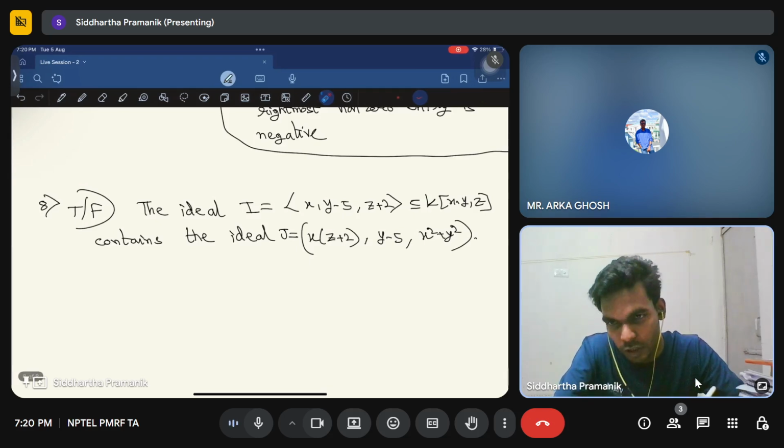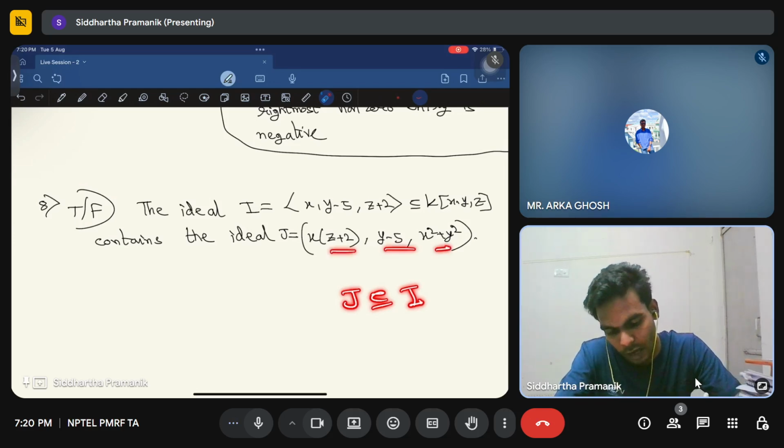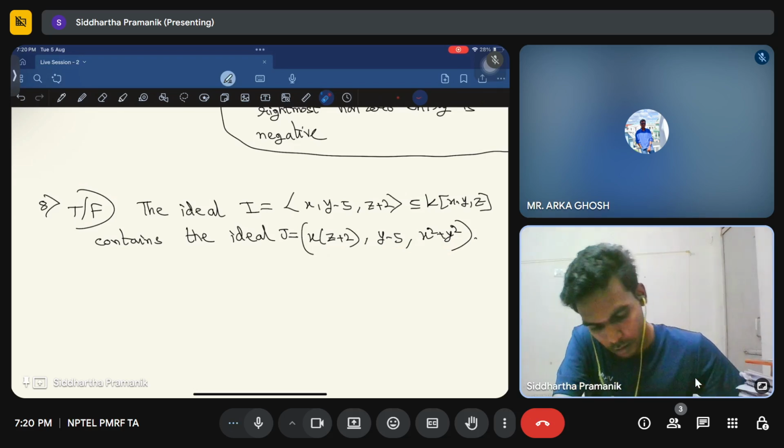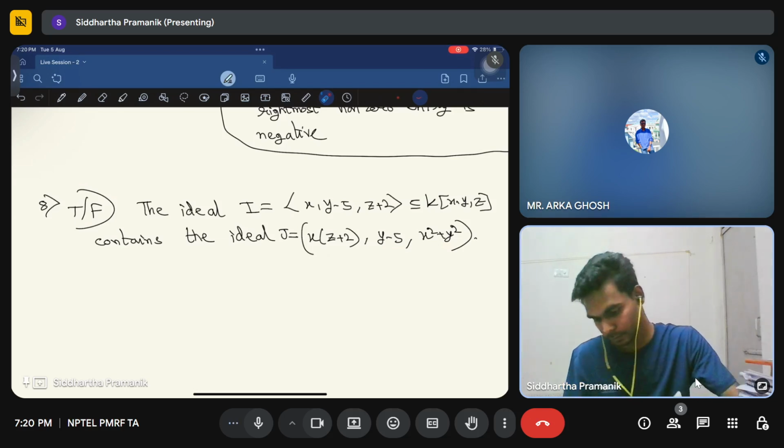So we need to check whether J is a subset of I or not. That means whether these three polynomials are in I or not. So how to check? That is the direct way of doing these things, but there is one more convenient way of doing this.